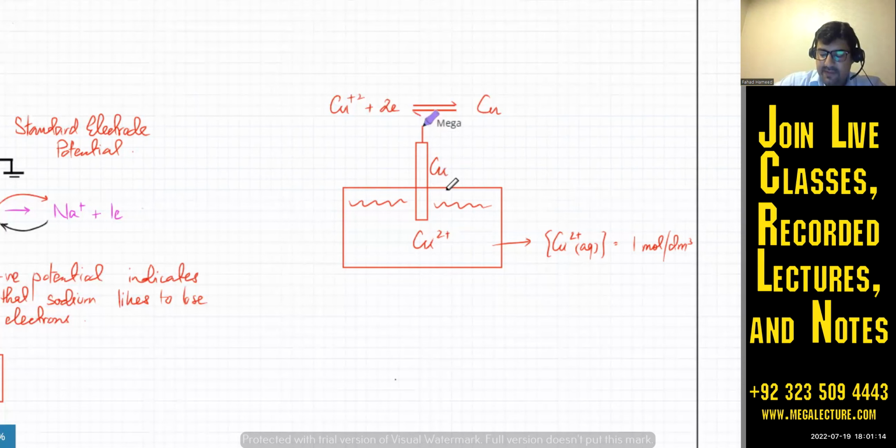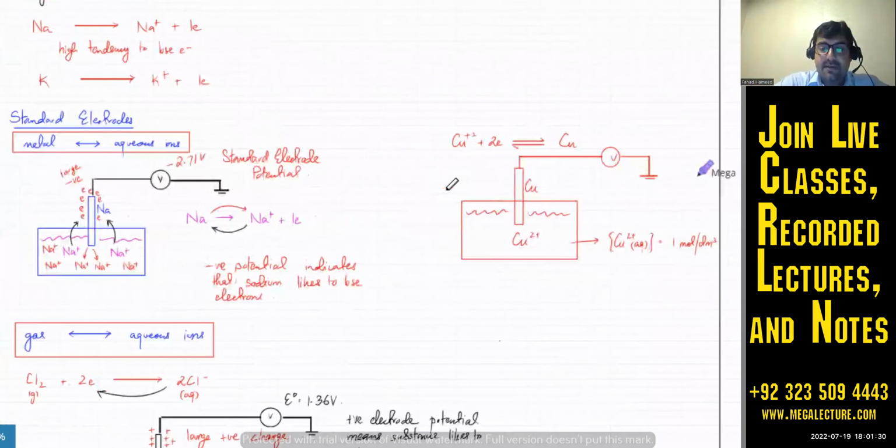Whatever happens, the potential will appear on the voltmeter connected to it, and you can go and measure that. So that's the first type of electrode, which is a metal in equilibrium with its aqueous ions.